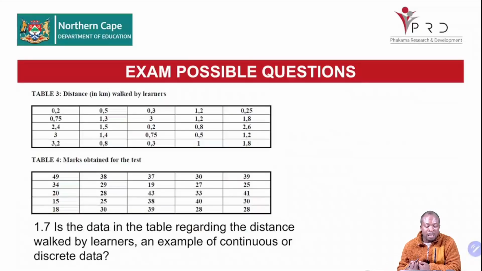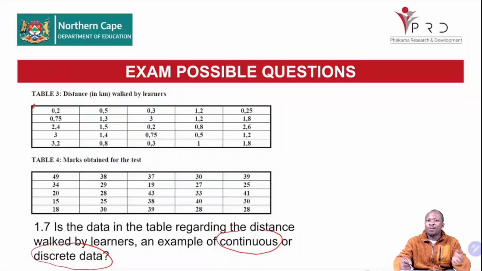Is the data in the table regarding the distances here an example of continuous or discrete? How do you choose which one is which? Remember, if it is discrete, it means you can count. Do you count the distance or do you measure a distance? Think about it. Okay, if you can count it, it is discrete.